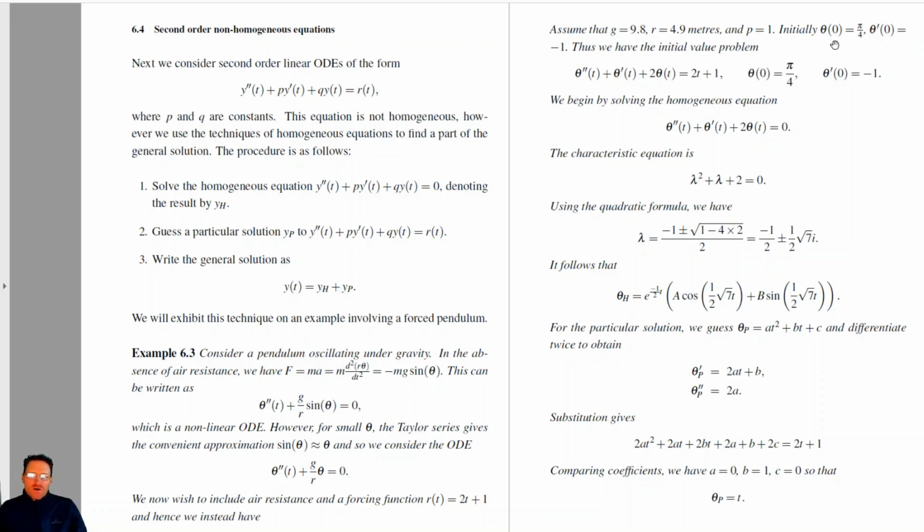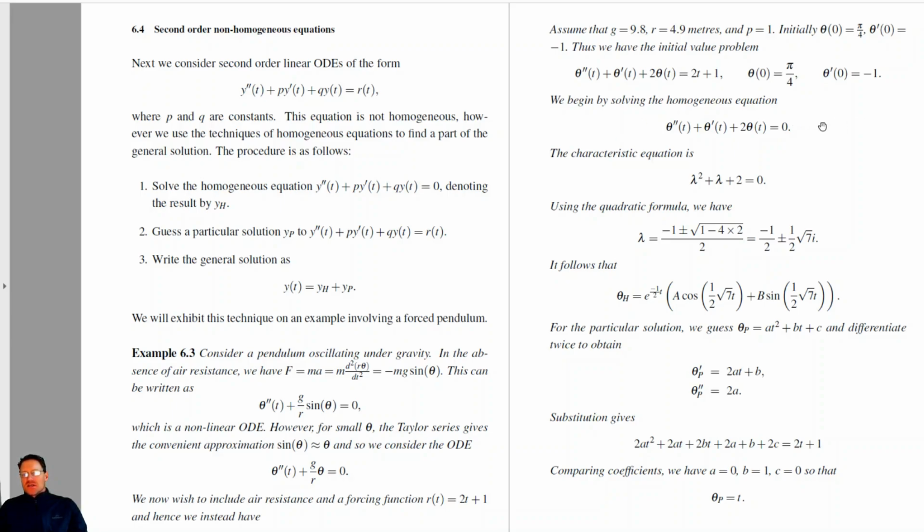Suppose initially we've got an initial angle of pi on 4 radians, and an initial angular speed equal to minus 1. That gives us an initial value problem to solve. We've got a second order ODE, a forcing function on the right, and initial values. So let's begin by solving the homogeneous equation.